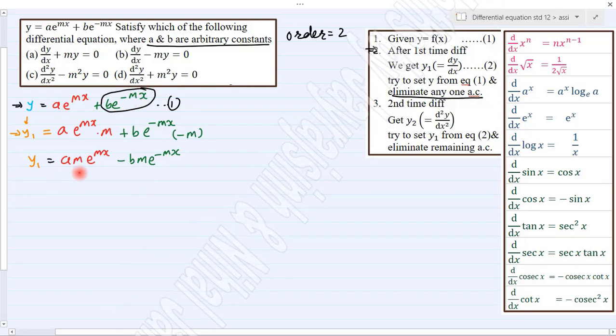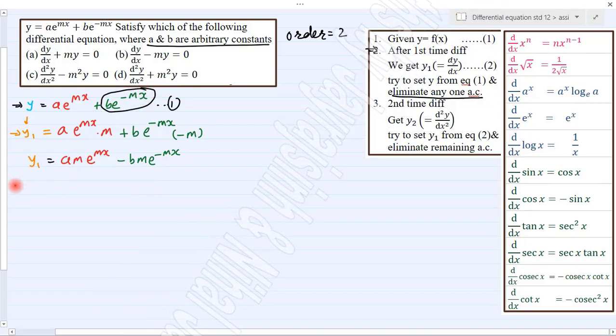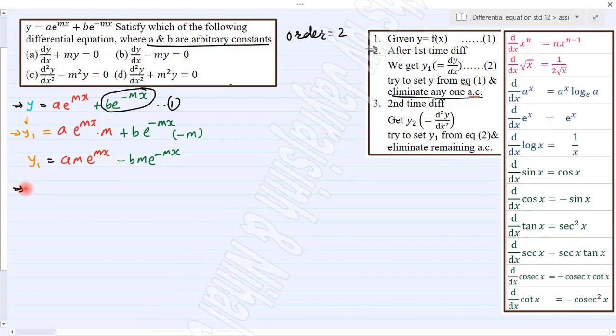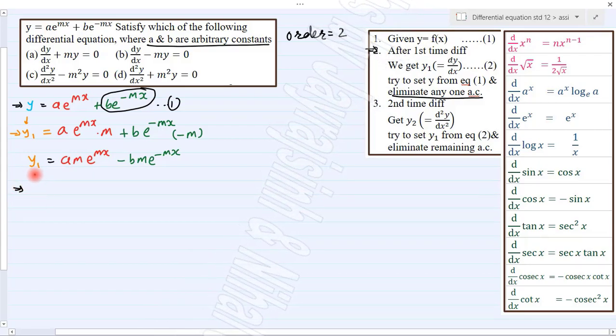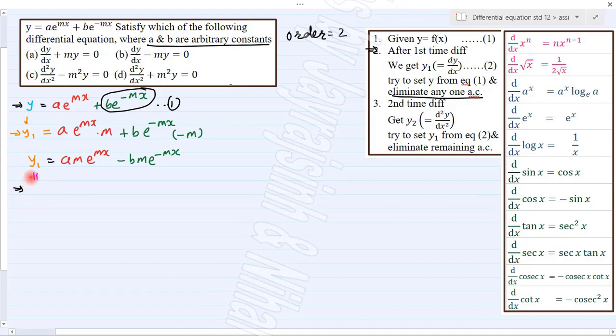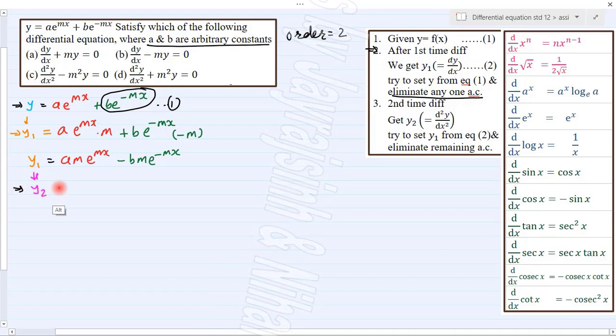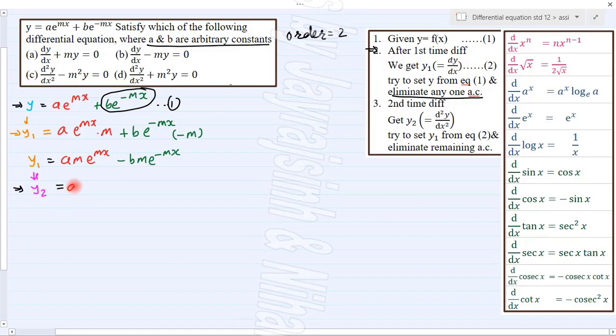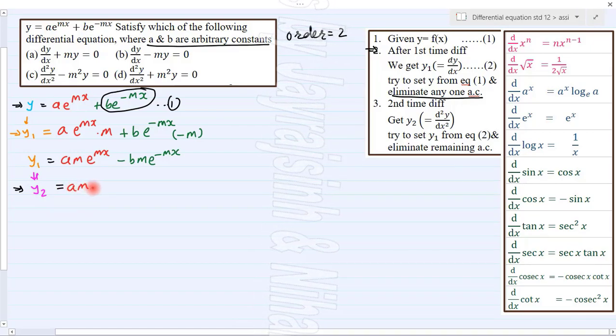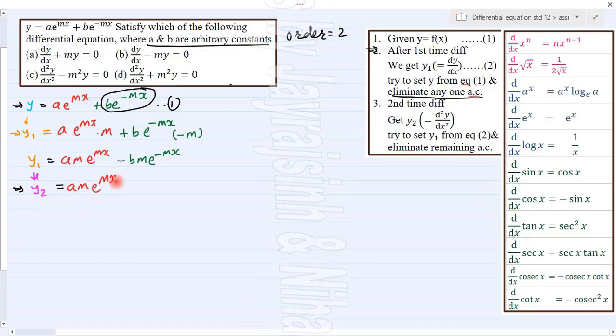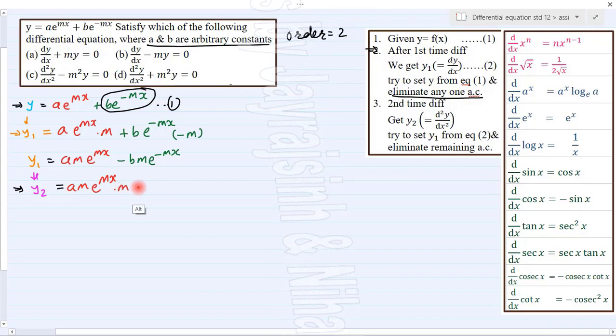Now, traditionally, we have to eliminate any one arbitrary constant, and let's say we can eliminate b from equation number 1. But if we don't eliminate this term and continue differentiating, then we will get the differentiation of y1, which is y2. In the first term, am will be as it is, differentiation of e raised to mx will be e raised to mx into m.